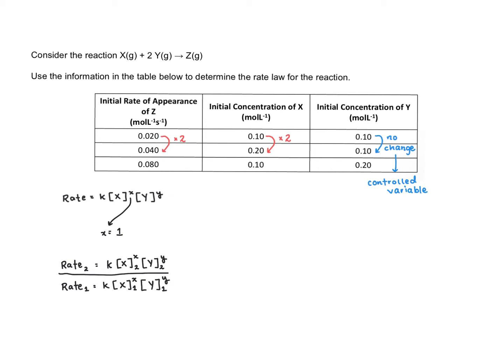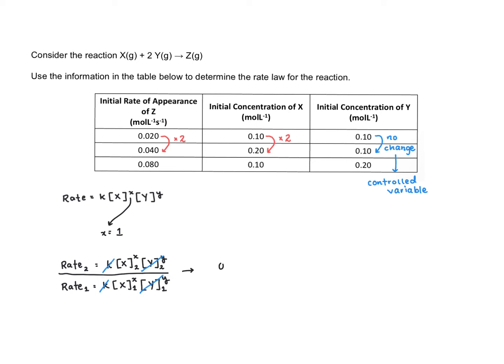We know that the concentration of Y for trials 1 and 2 is the same, so we can cancel out this entire term. We also know that our rate constant won't change from one trial to the next, assuming we keep the temperature the same. So now we're left with the ratio of our rates equal to a ratio of our concentrations.